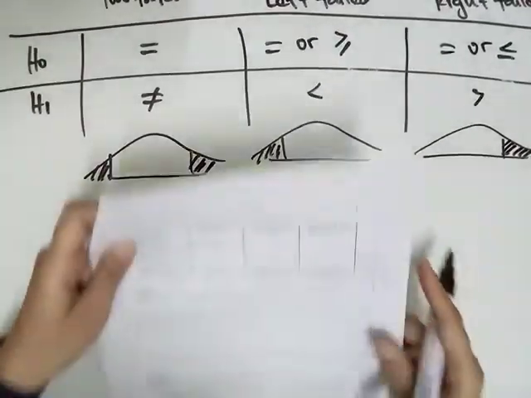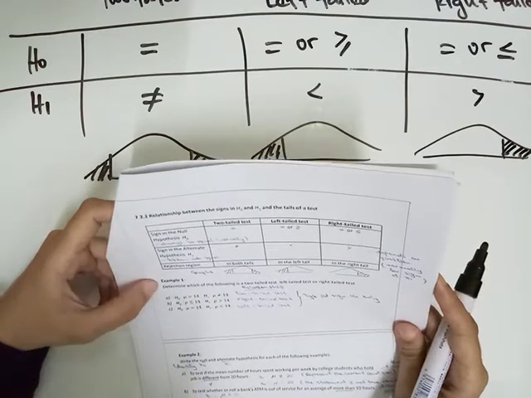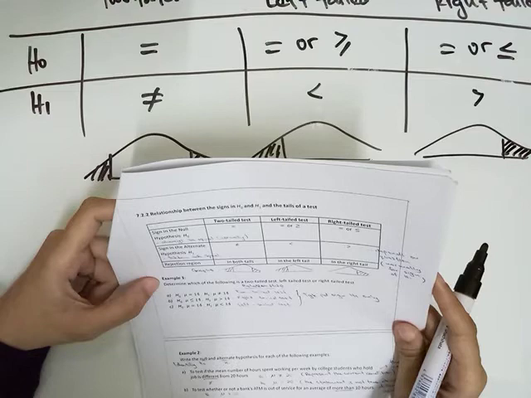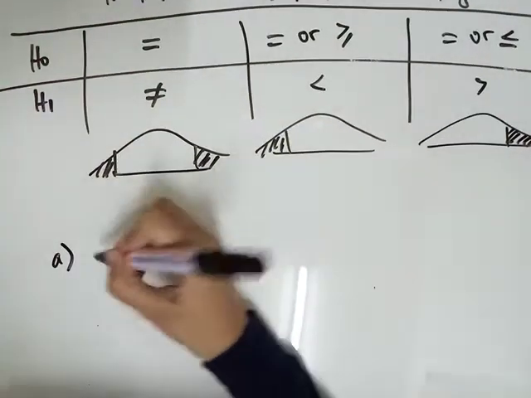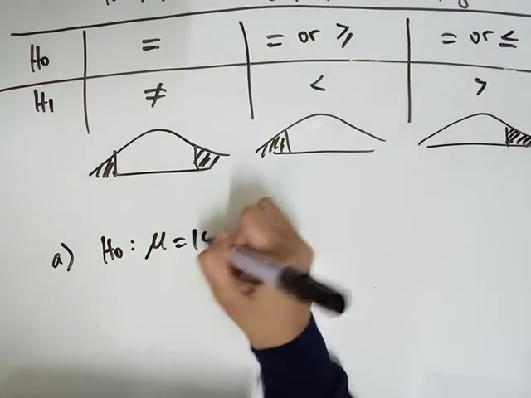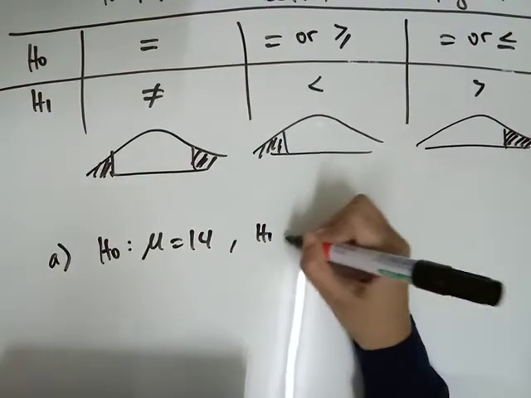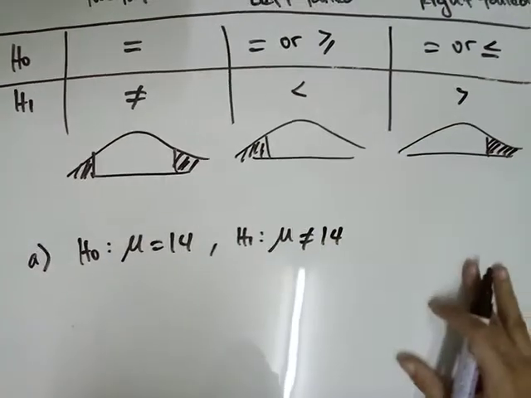Okay, look at example 1. Determine which of the following is a two-tail test, left tail test or right tail test. Okay, look at A. A dia bagi apa? H naught when the mean is equal 14 and H1 when the mean is not equal 14.